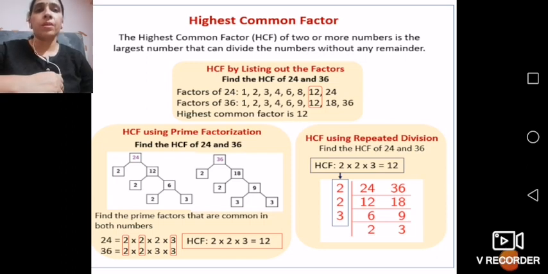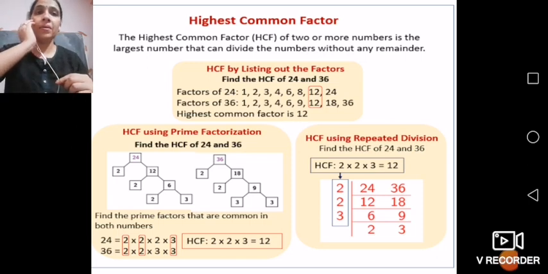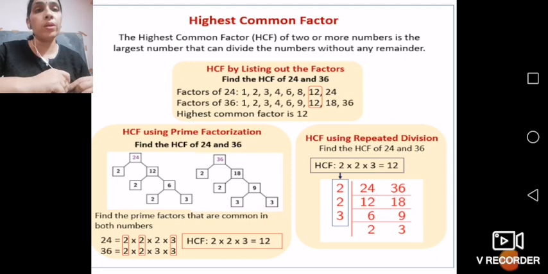Now here you have been given two numbers, that is 24 and 36. The factors of 24 are 1, 2, 3, 4, 6, 8, 12 and 24.